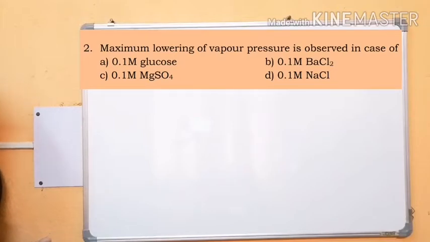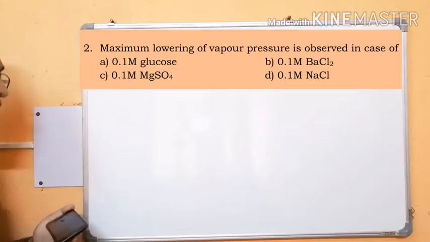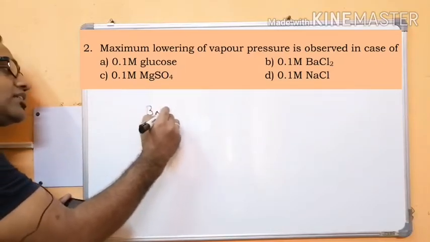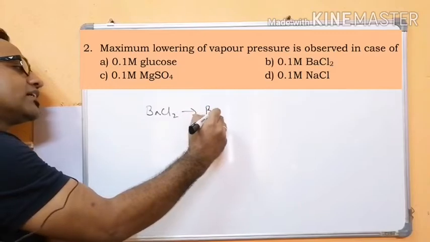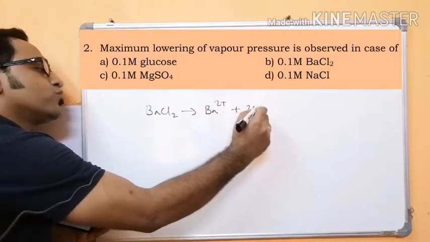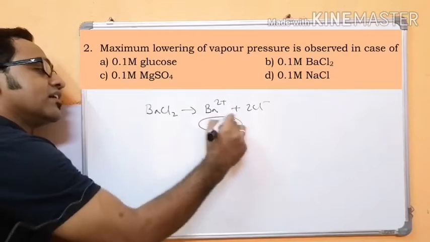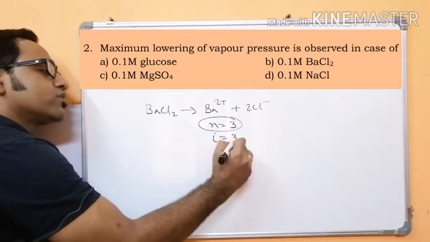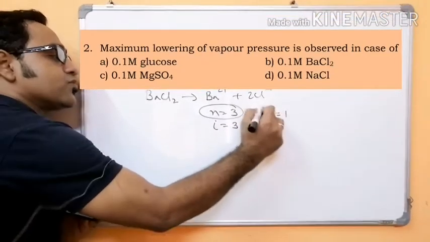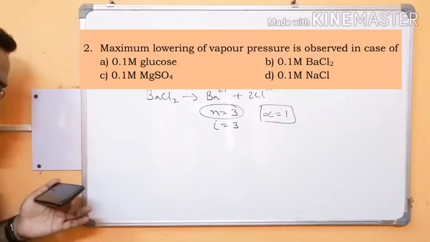The solution which has maximum n value after dissociation, or which has maximum i value, will have maximum lowering of vapor pressure. So in case of barium chloride, you can see BaCl2 will dissociate into Ba2+ and 2Cl-. So here n is equal to 3. That means i is equal to 3, since alpha is 1, that is 100% dissociation.